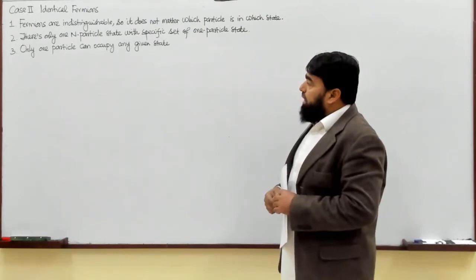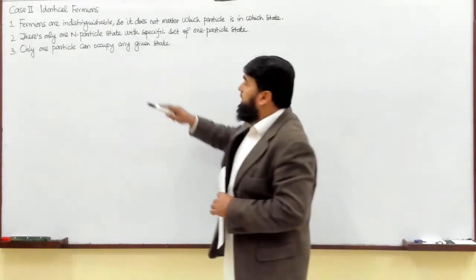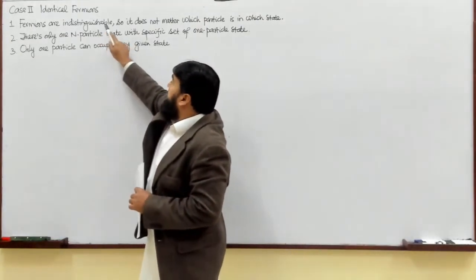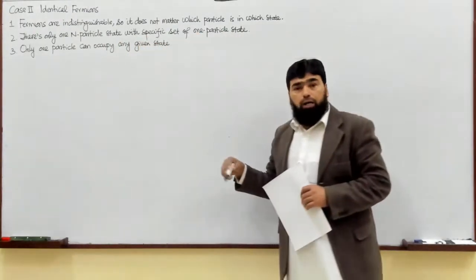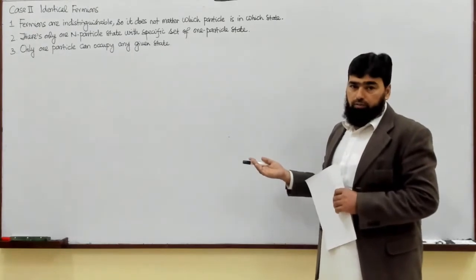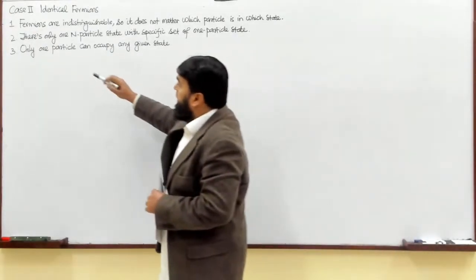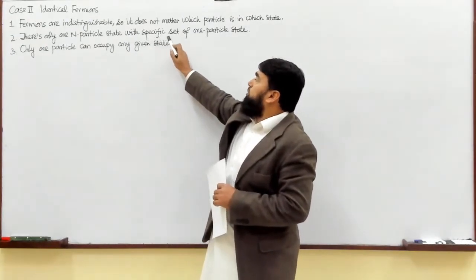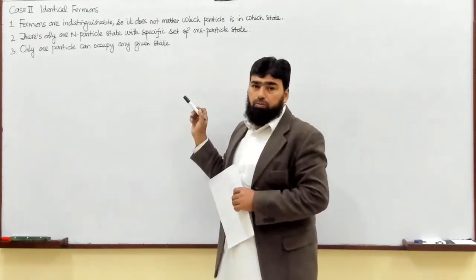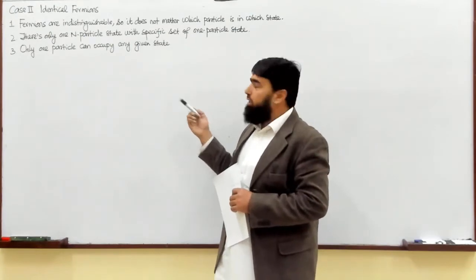About fermions, we are having these 3 statements. As we know that they are identical particles, it doesn't matter which particle is in which state due to the identical nature. And there's only one n particle state with a specific set of 1 particle states.